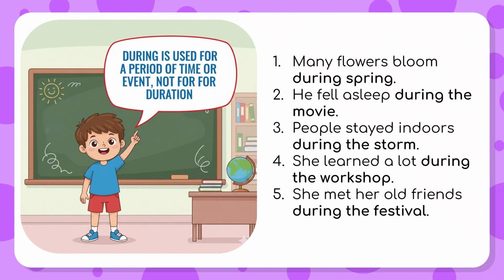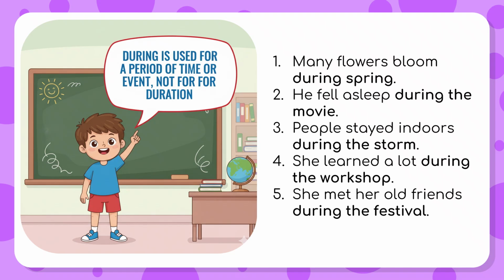During is used for a period of time or event, not for duration. I have written "for" two times here, for not for duration. Many flowers bloom during spring, not in autumn, not in summer, not in winter, or any other season, but during spring only.